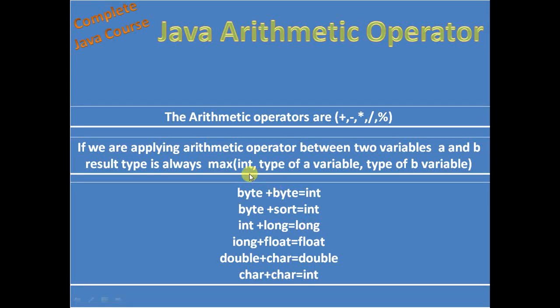If you compare int, int and long, long is the maximum type, so the result will be long type. If you add long and float type, then the result will be float type. If you add double and character type, then the output will be double type. If you add character and character, then also the result will be int type.